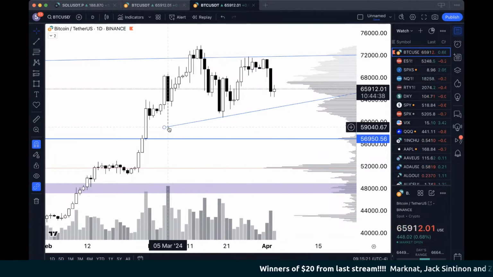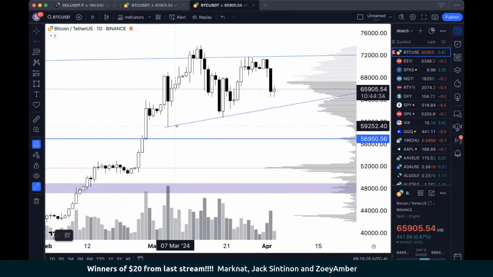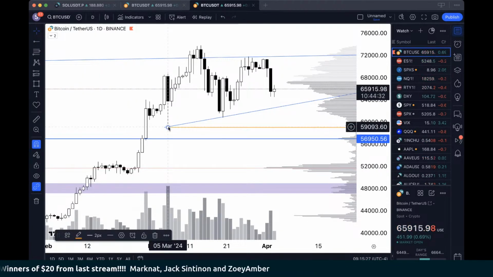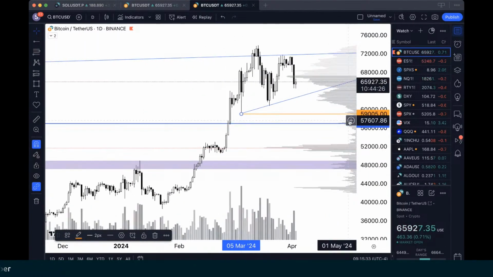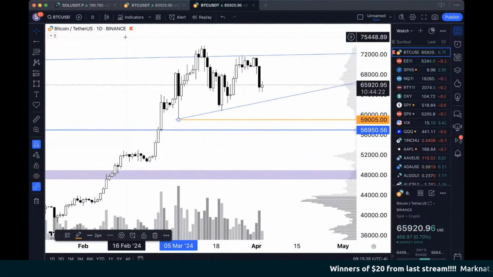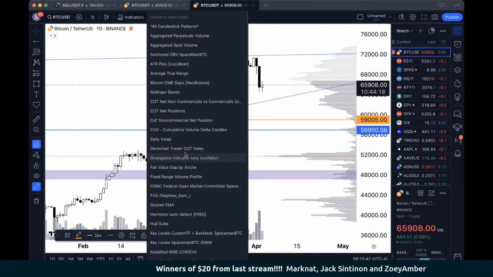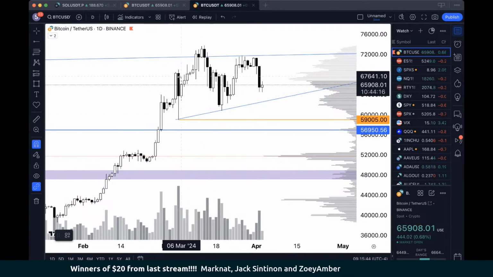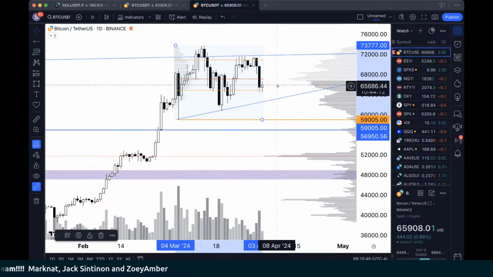We've got a low, which I like to use horizontal rays for, right there. And if we come over here and do the fixed range profile from here to here, right?